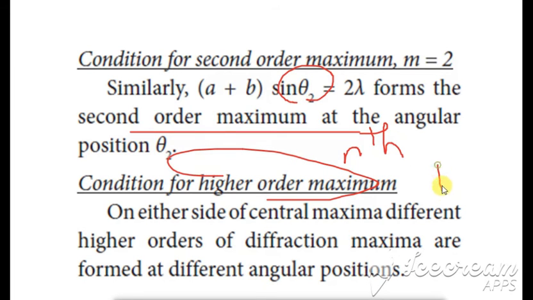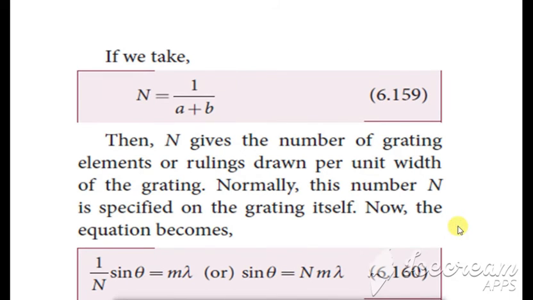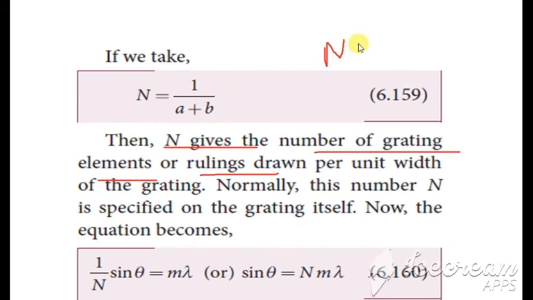Then we get N is equal to 1 divided by a plus b, because this gives the inverse of the grating element. So N is equal to 1 divided by a plus b, where N denotes the number of grating elements or rulings.